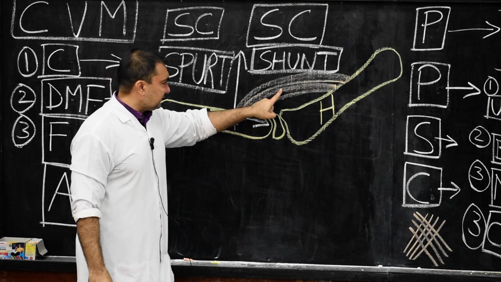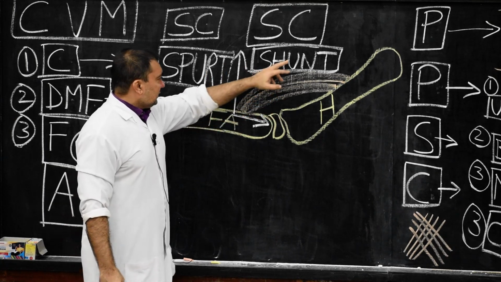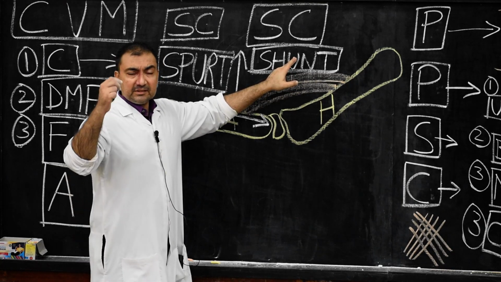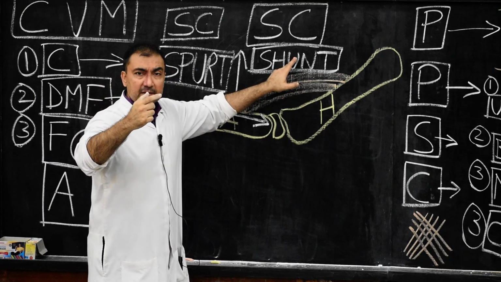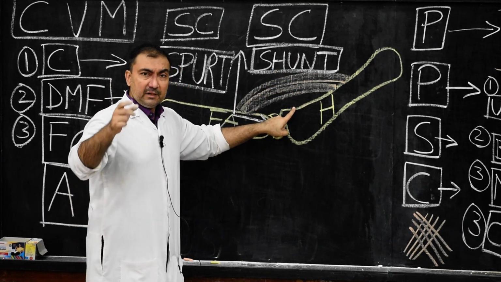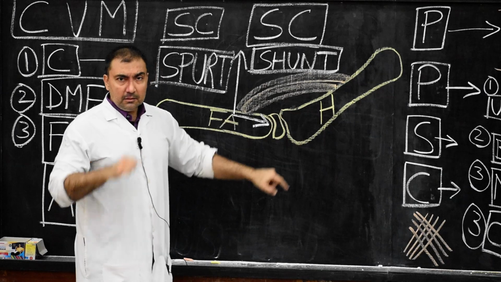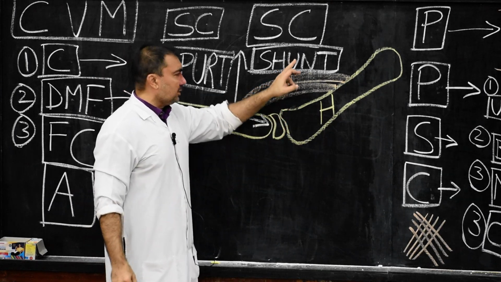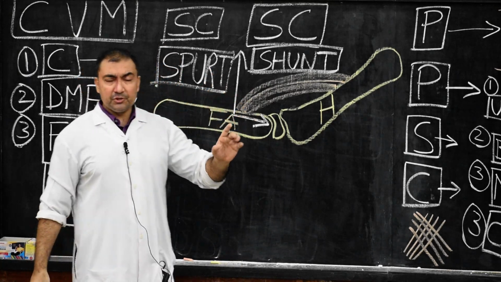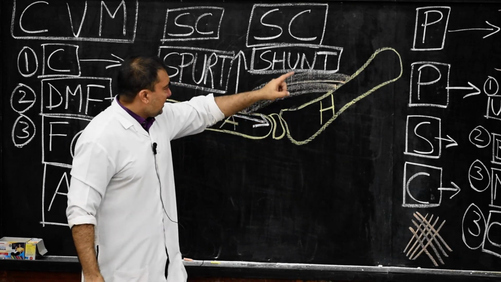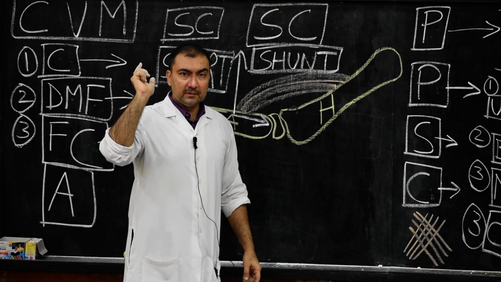The second example is a shunt muscle, where the origin, the fixed attachment, is near the joint, and that is the brachioradialis muscle. Please note down: the brachialis muscle acting on the elbow joint is an example of a spurt muscle, and the brachioradialis muscle acting on the elbow joint is an example of a shunt muscle.